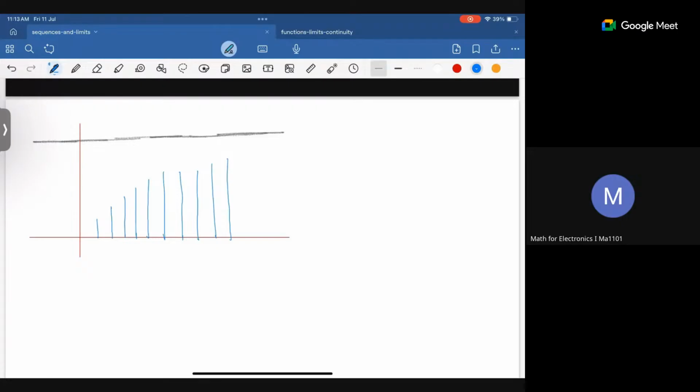The other statement is the same, but in the other direction. If I have a non-increasing sequence, non-increasing means either it should decrease or it should stay constant, something like this.